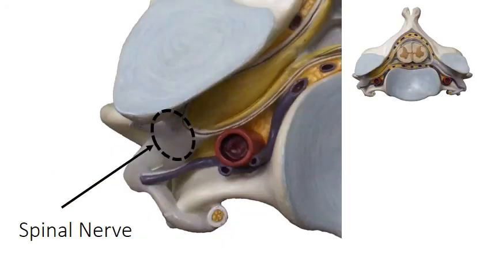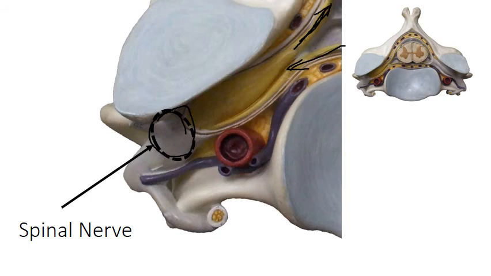So off of the posterior aspect of the cord, we have these posterior roots that come in, or actually they're traveling in towards the cord, but coming off of the cord, we have ventral roots. They are going to actually join together in this area that is shown, and they're going to form the spinal nerve.